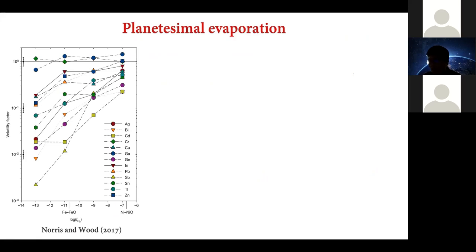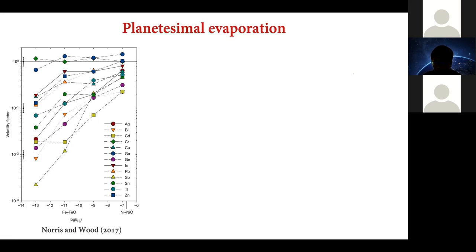Norris and Wood conducted partial melting and vaporization experiments on basalts under conditions of fixed temperature and different oxygen fugacity. They found that the water is greatly lost during evaporation, and the degree of loss is measured by the volatility factor here, which is defined as the ratio between initial to final concentration of the elements after 1 hour reaction. So here the X is the log fO2, fO2 is the oxygen fugacity.